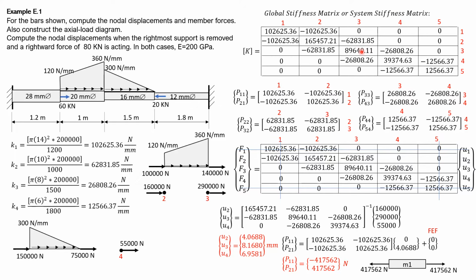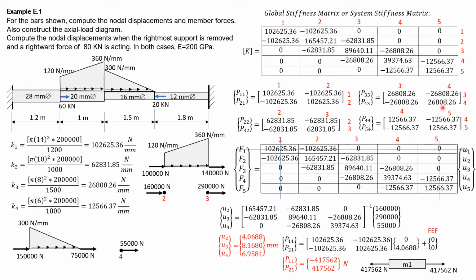Then this is 3, 3. So 3, 3 we have here 26,808.26, and another 3, 3 here, 62,831.85. So adding the two, we'll get 89,640.11. Then next, this one is row 3, column 4.